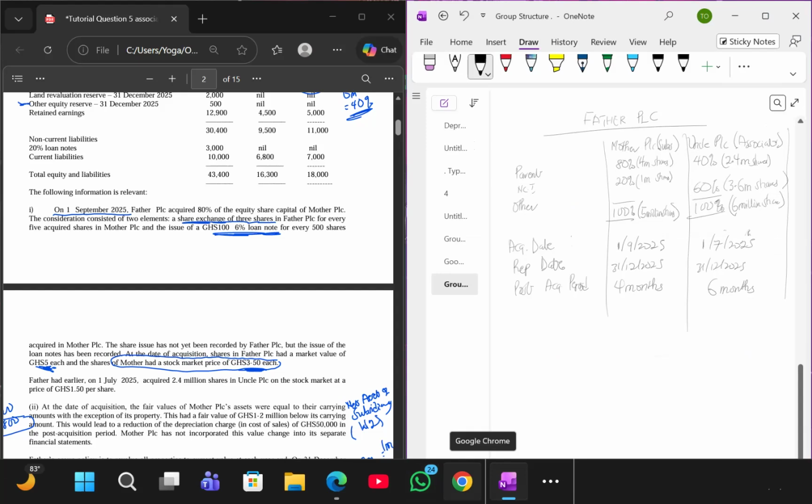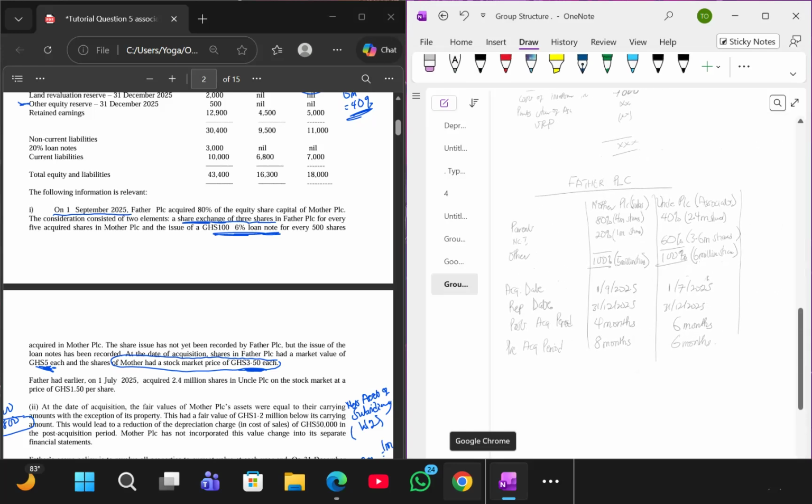The pre-acquisition period is basically within that year: how many months did they spend within that year before we acquired the number of shares in the subsidiary? So you see that if 4 months is the post-acquisition period within the 12 months or the accounting period, then the pre-acquisition period becomes 8 months. It's not every question that we are going to use the pre-acquisition period, but I felt like adding it just in case. And for this one, the remaining months will be 6 months. Right, so this is the group structure.